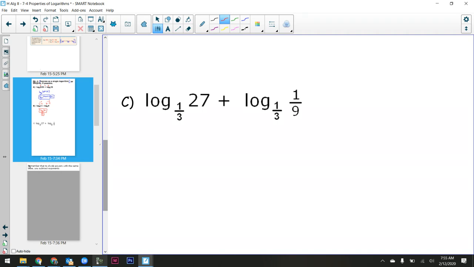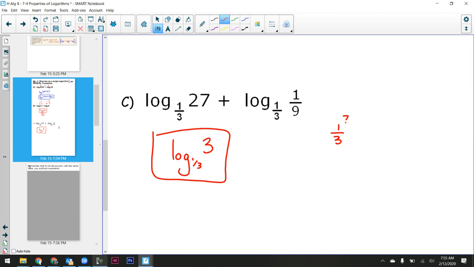Log base 1/3 of what? Of 3, right? Okay. Now, be careful with this one. That's a single log. If you need to transfer it into exponential, think about it as 1/3 to the what is 3. What is that? -1. Again, people always think fractions means there's going to be like a decimal or I don't know. No, it's just a negative number.